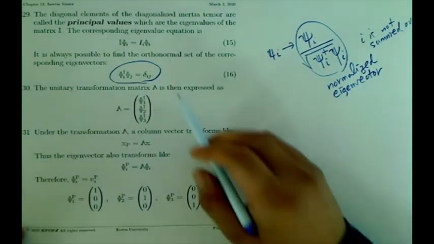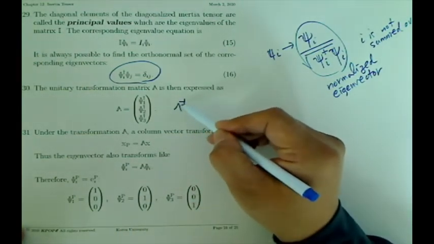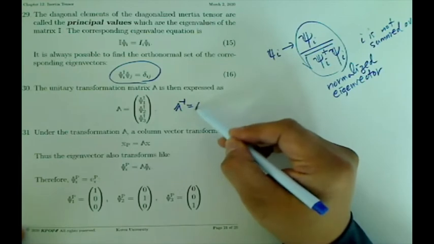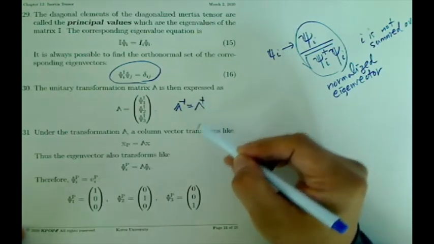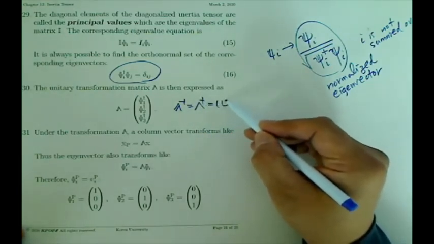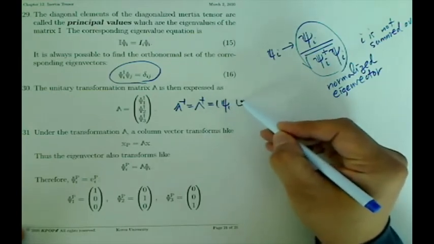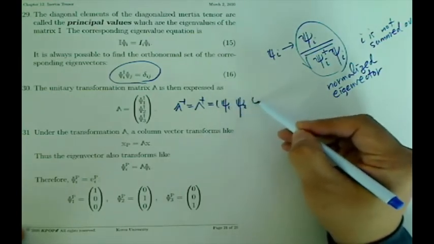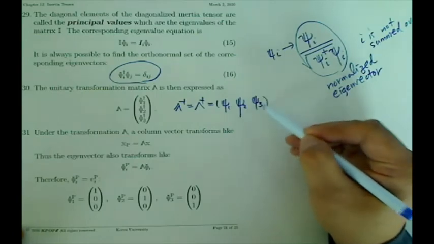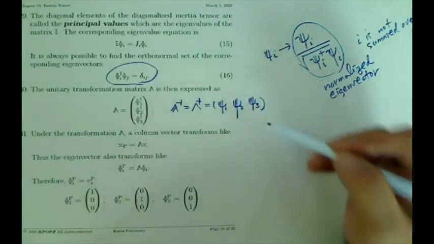Once they satisfy the orthonormal relation, then the inverse of this matrix is just the Hermitian conjugate, that is psi 1, psi 2, and psi 3 as column vectors.